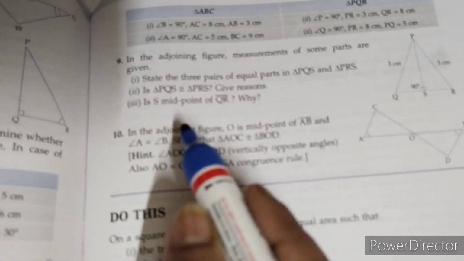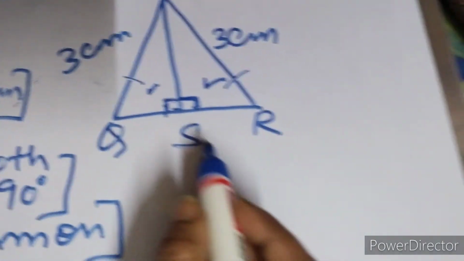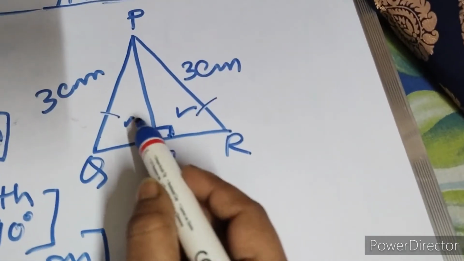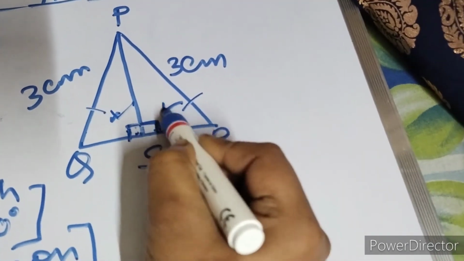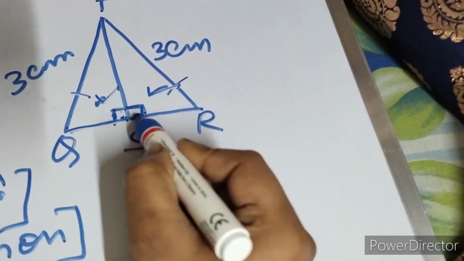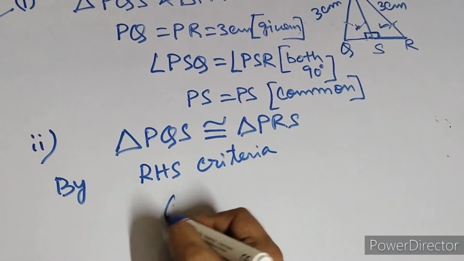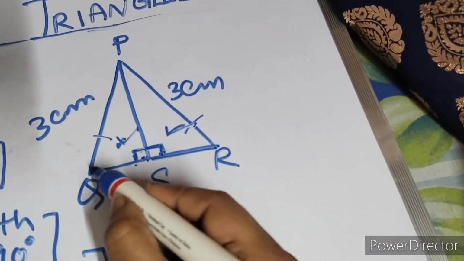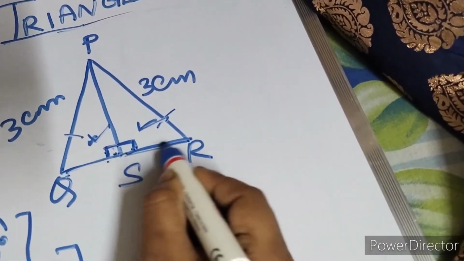In the third part, they have asked, is S the midpoint of QR? Yes, it will be the midpoint, because these two triangles are congruent, as we just proved, so of course this side will be equal to this side. We can say that QS will be equal to SR, isn't it? Because it is the congruent part of the two triangles by CPCT.